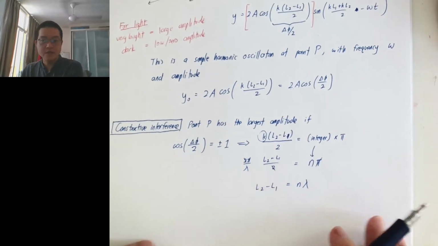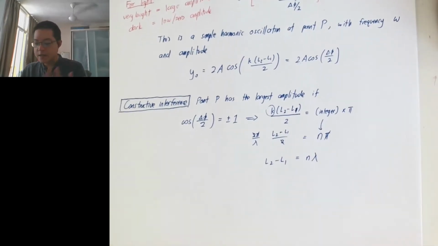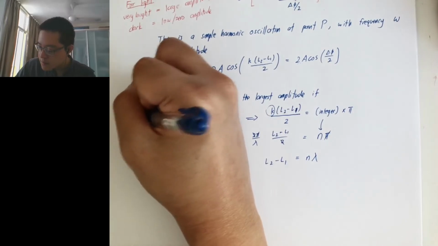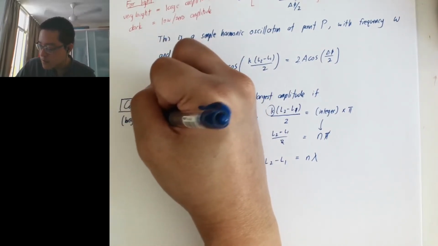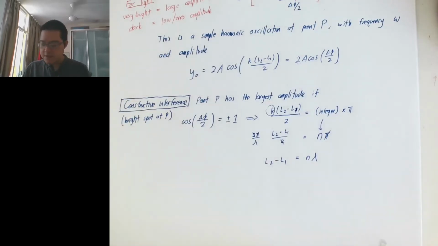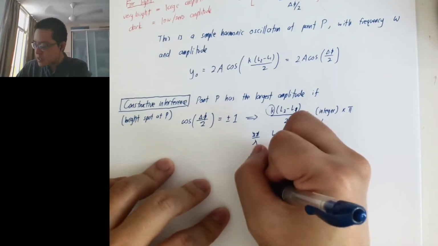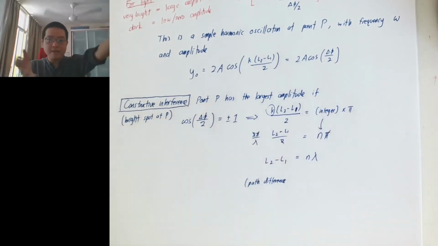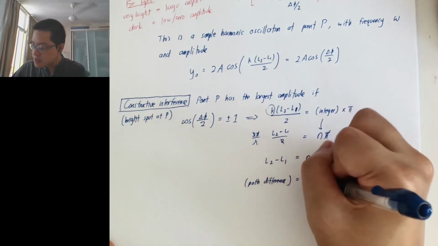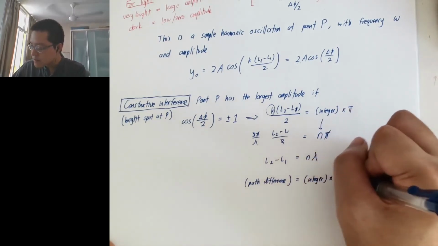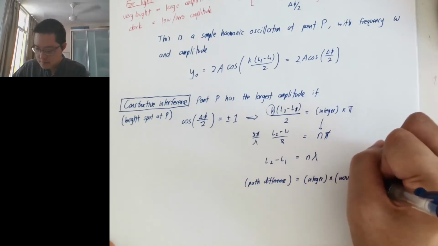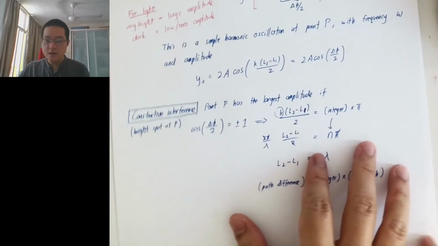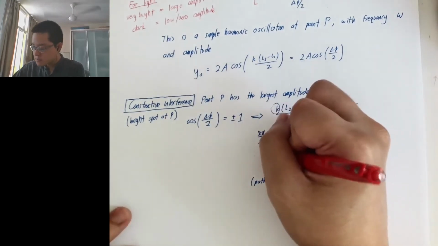This is constructive interference, so I get the bright spot at P. In other words, usually I call this the path difference, because we notice that the total length of the individual light path is not so important, but the difference between the two lengths is important. So the path difference must be an integer times the wavelength of the light. This is the condition for constructive interference.